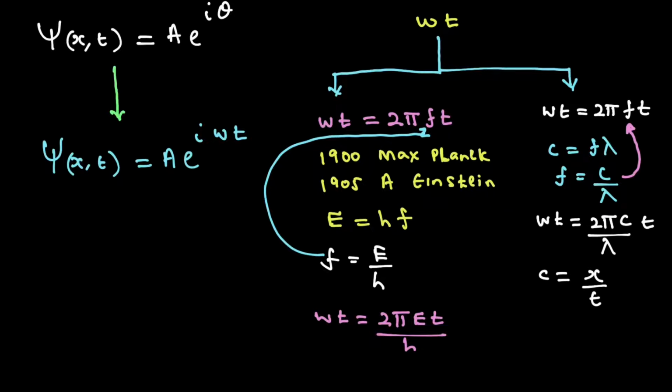And so if I take that and put it into there, we will then get omega t equals 2 pi x t over lambda t. As you can see, the t here, we cancel that t. And so omega t will be equal to 2 pi x over lambda.